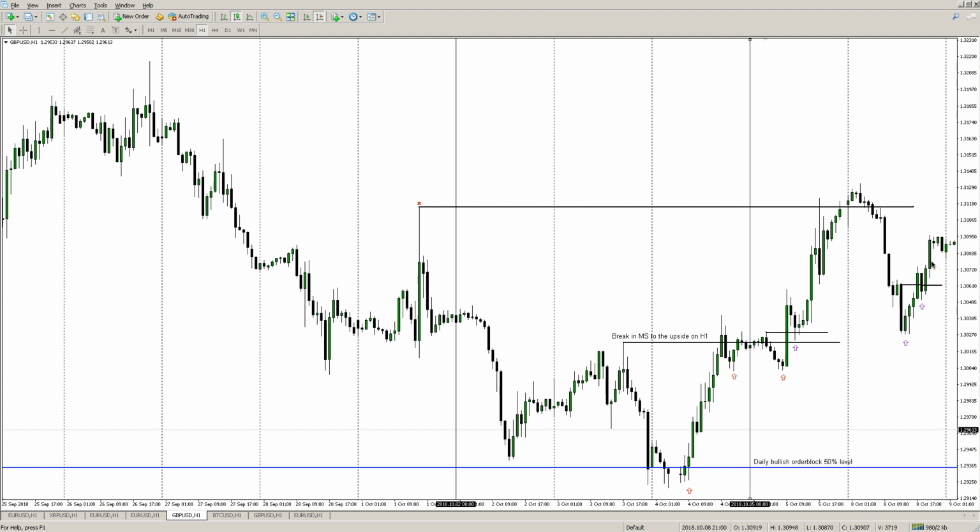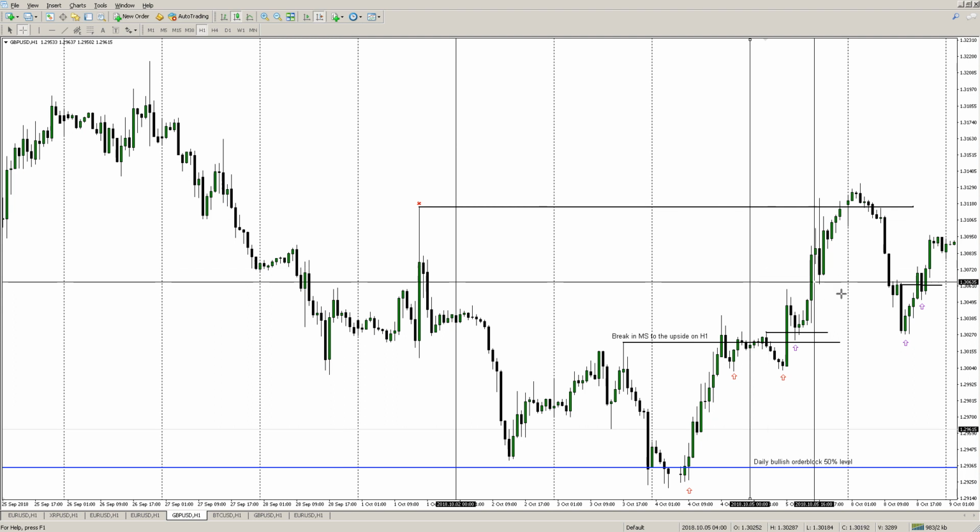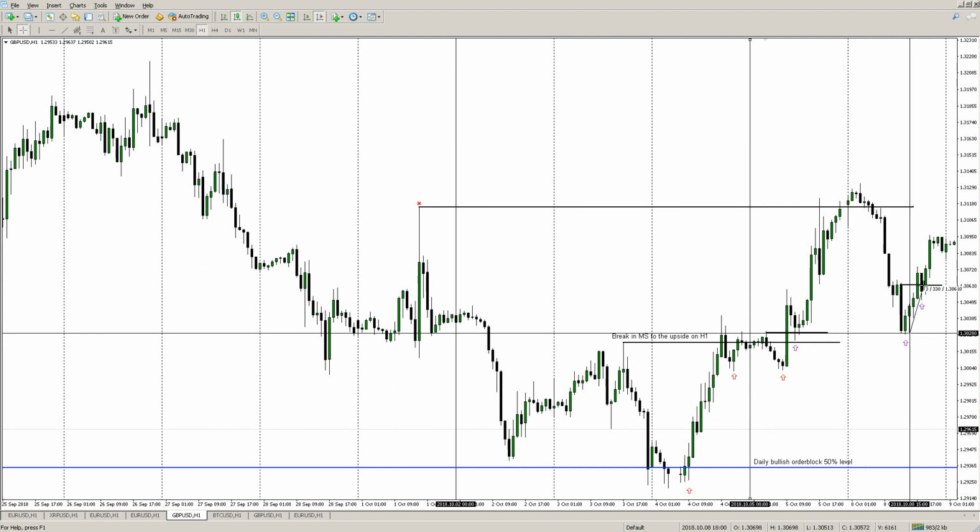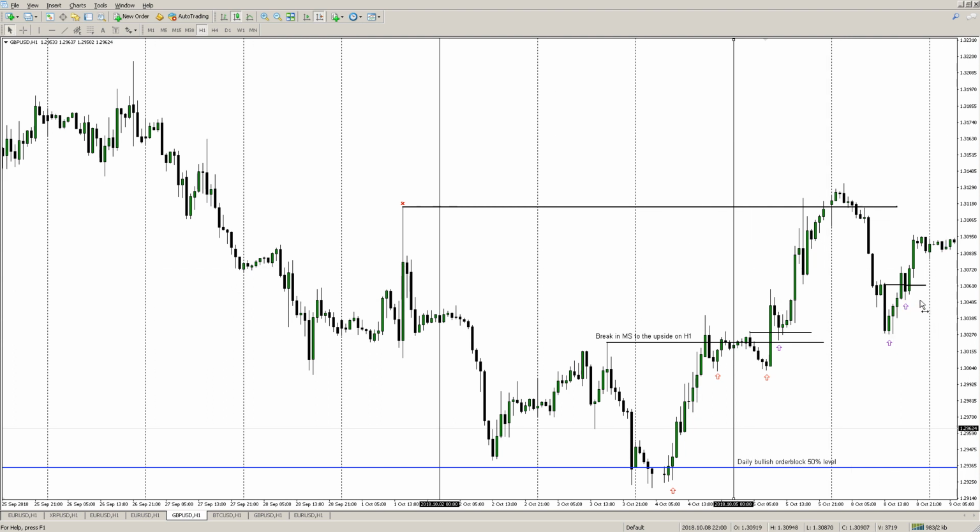And your target would have either been above this high, or it would have just been a scalping position, meaning you would have just gotten out after 10, maybe 15 pips, something like that. So on this retest, your stop has to go where? Below this low. So you're risking about 30 pips.